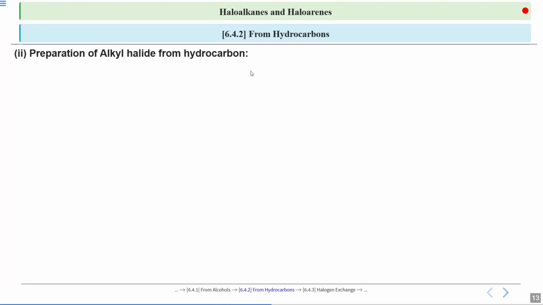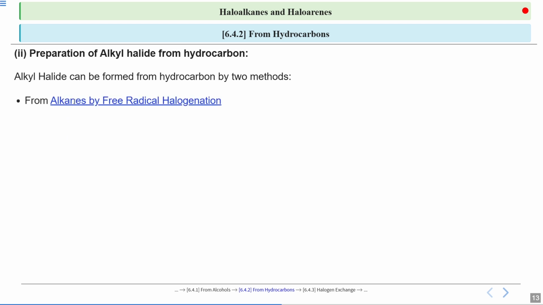Now let's move to our next topic, that is 6.4.2, from hydrocarbons. So how can you prepare haloalkanes from hydrocarbons? Alkyl halides can be formed from hydrocarbons, and it includes two methods.